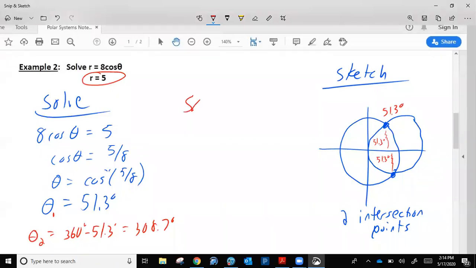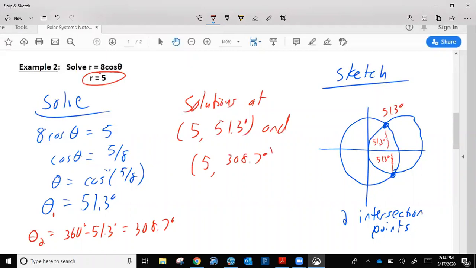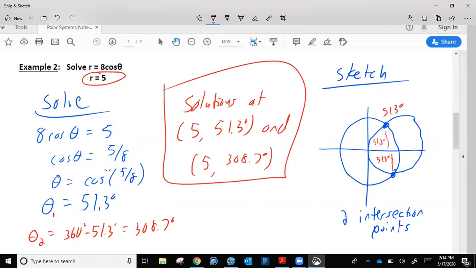We have solutions at (5, 51.3 degrees) and (5, 308.7 degrees). So our solutions are aligning with the points of intersection. That is typical. It just does not have to happen. But that is fairly typical.